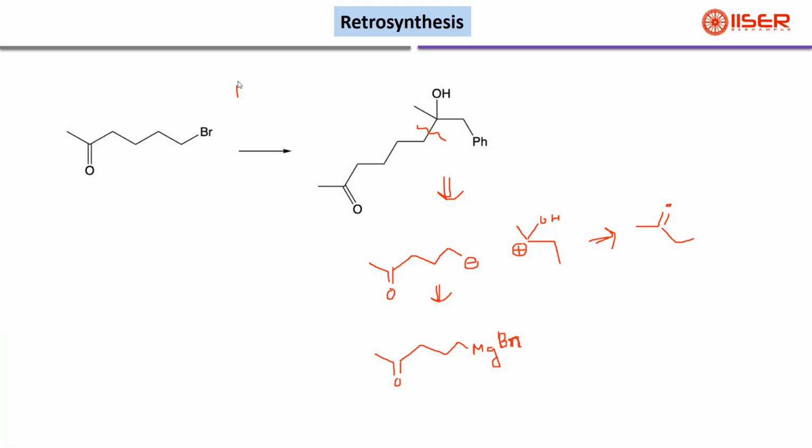So first we will use a protecting reagent, that is ethylene glycol, just to protect our ketone. The next step we will use magnesium in ether, that will give us our Grignard.